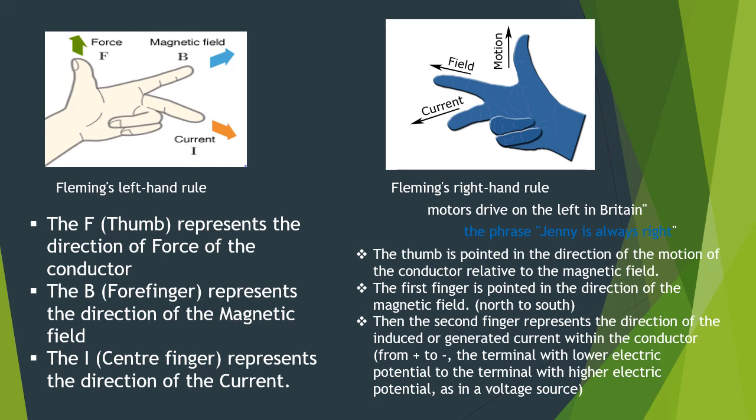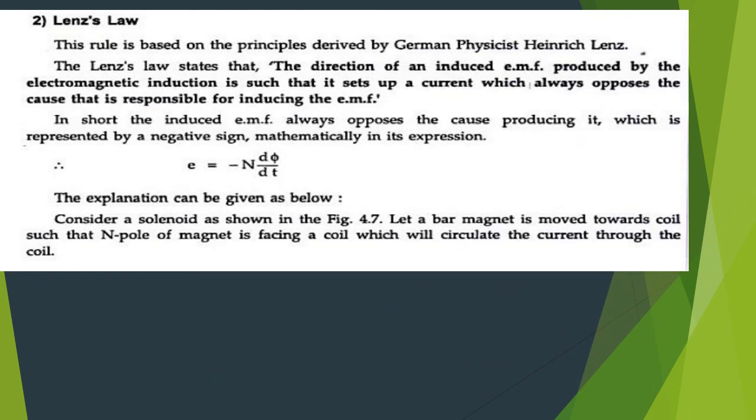For Fleming's left hand rule, the thumb represents the direction of force on the conductor, the forefinger the direction of magnetic field, and the center finger the direction of current.